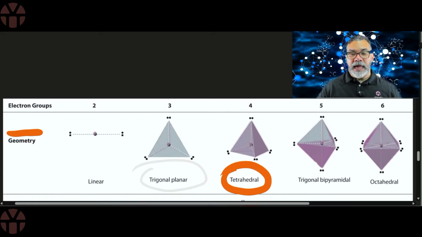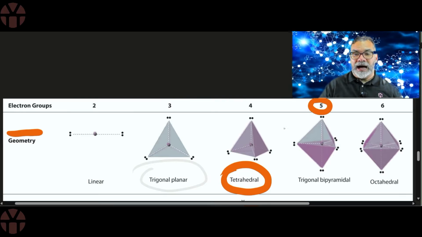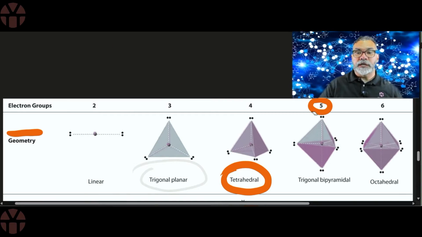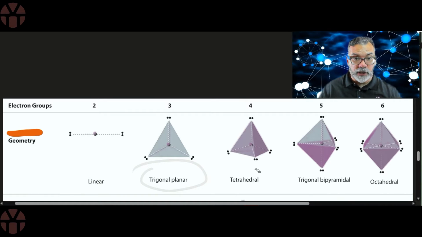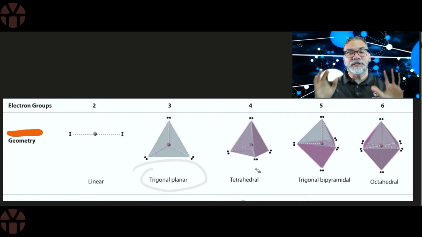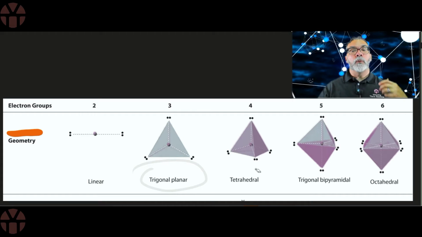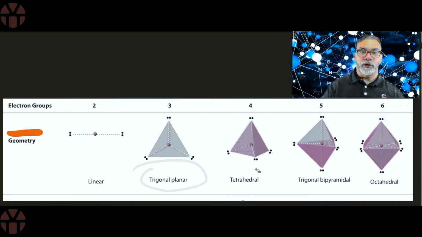And so then, after tetrahedral, we get to this idea of 5 possible bonding sites, or what happens in the case of an expanded valence shell, where you now have electrons going off in 5 distinctive directions. And we refer to this as a trigonal bipyramid or a trigonal bipyramidal.